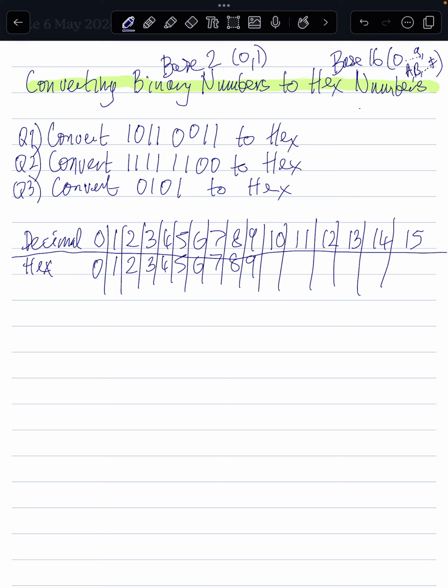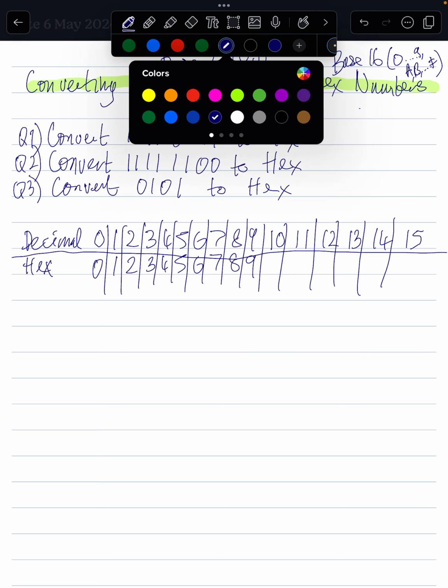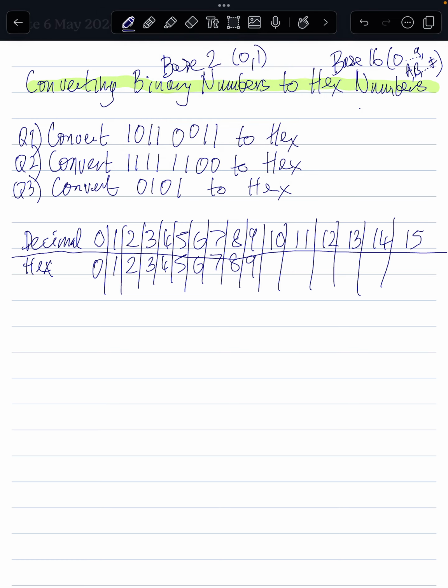We want a single digit to represent the 10, so what we do is use the letters. So A in hex is 10 in decimal, and then 11 is B in hex, etc. A, B, C, D, E, and F.